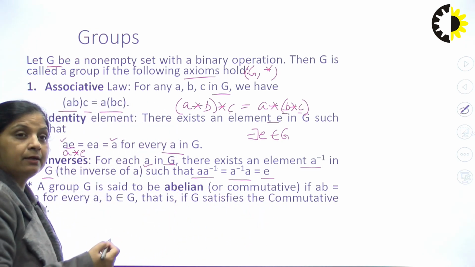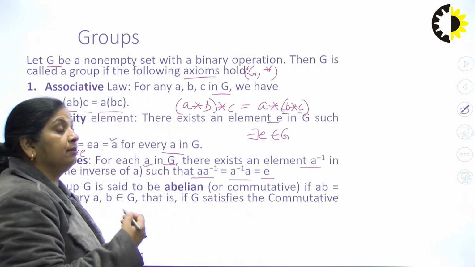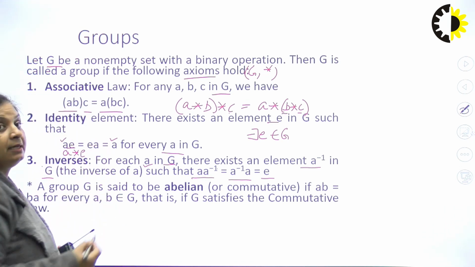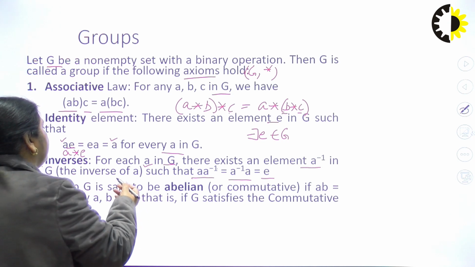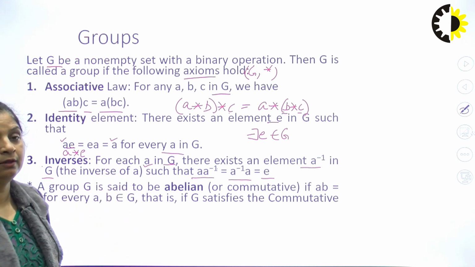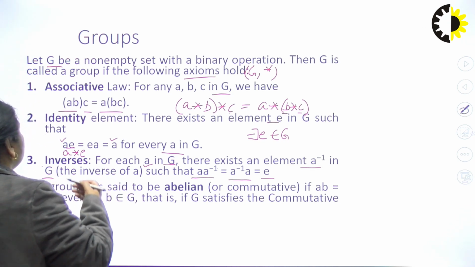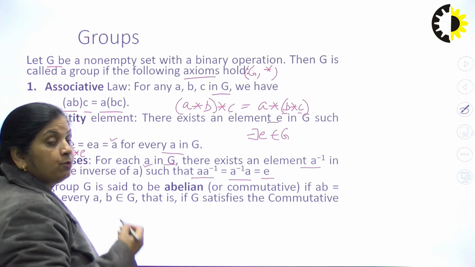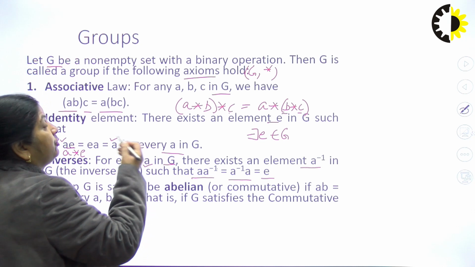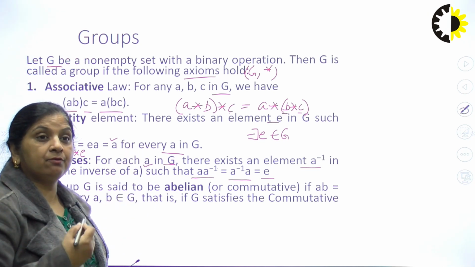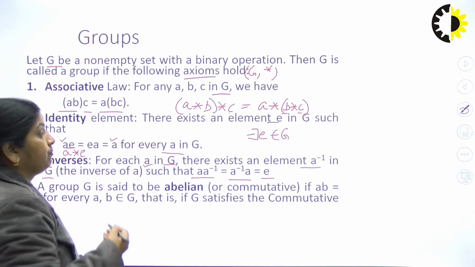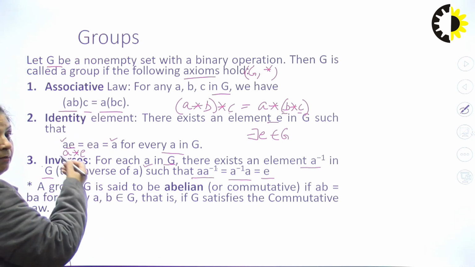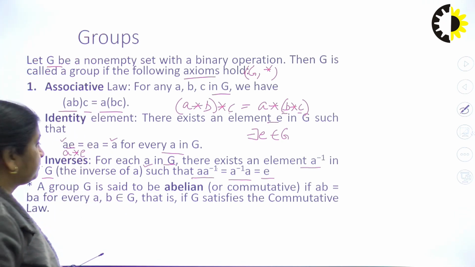So what we get in answer is the identity element. So if the identity element exists, then we need to check for the inverse element. These are the three properties that must be fulfilled to form a group. The algebraic structure will be called a group if it holds the associativity property, identity property, and inverse property.